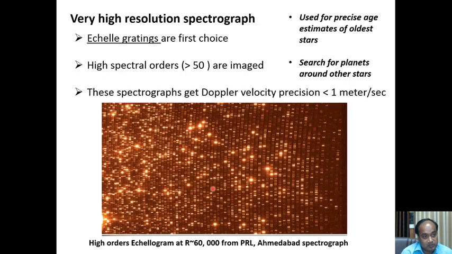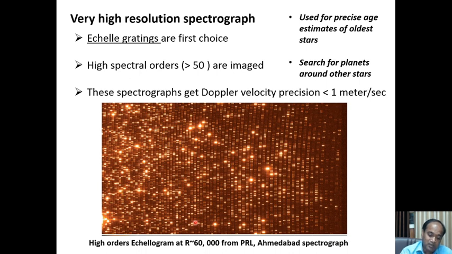Just to give you another example, certain applications in astronomy require very high resolution, and that is achieved by the echelle spectrograph, the echelle grating. Some of you might have already read about echelle gratings, which work in higher orders. When we work with transmission gratings, we mostly work with first, second, or maybe third order.